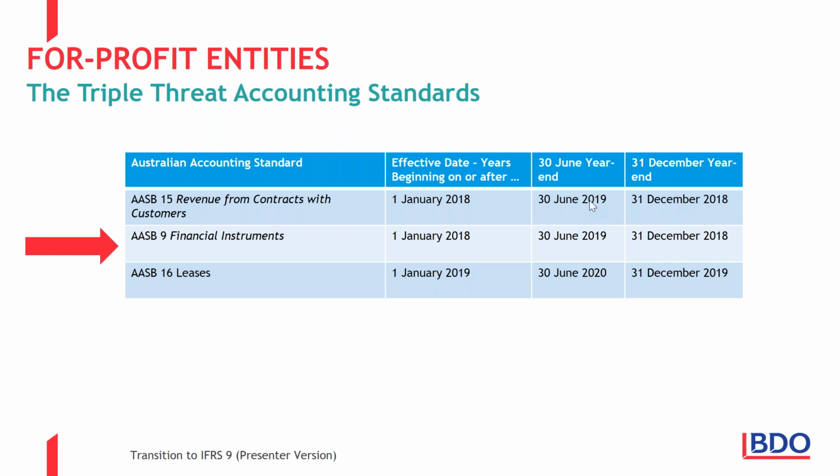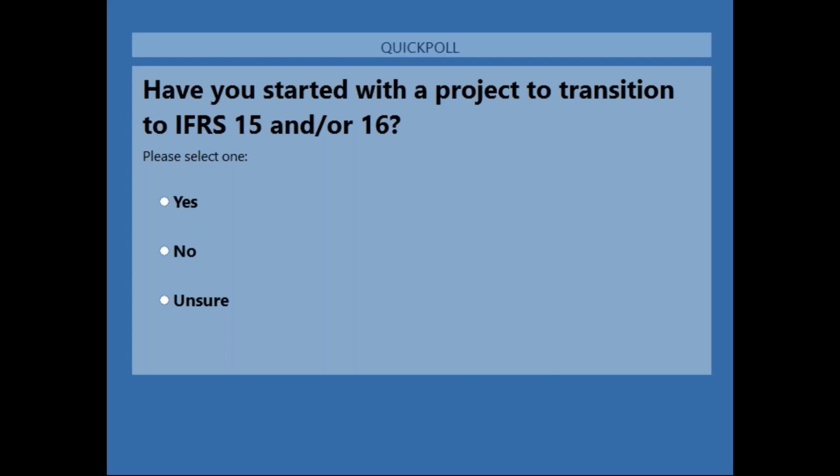I thought let's look at another question. So maybe taking you to the other standards first. Have you started with a project to transition to IFRS 15 and or 16? I know a lot of clients that we're currently speaking to are doing a lot of work on IFRS 15. Because IFRS 15 has a similar or the same application date for for-profit entities as AASB 9 or IFRS 9.